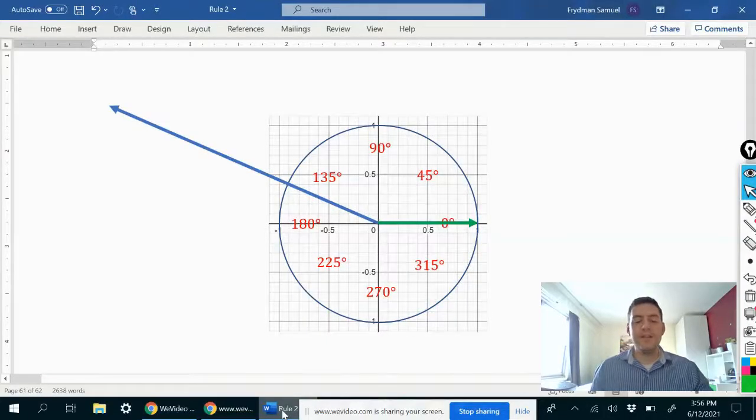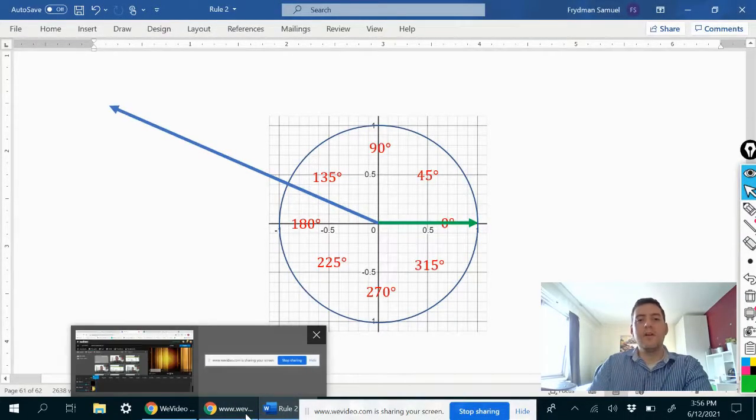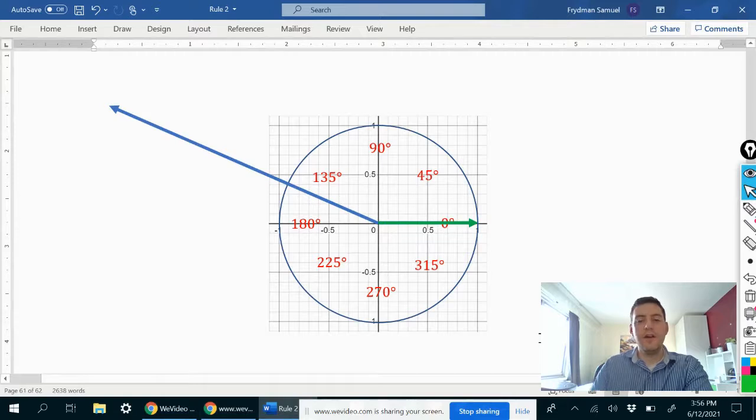Hi everybody. In this video, we are going to talk about how to find the components of a vector if we know the magnitude of the vector and the direction angle of the vector. Over here, I have a unit circle, and you can see that this vector extends beyond the border of the circle.